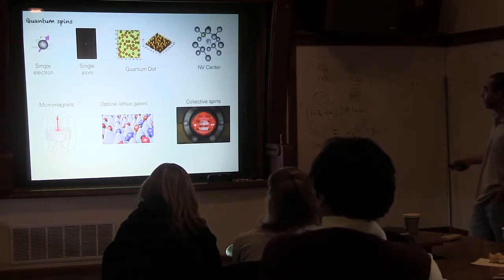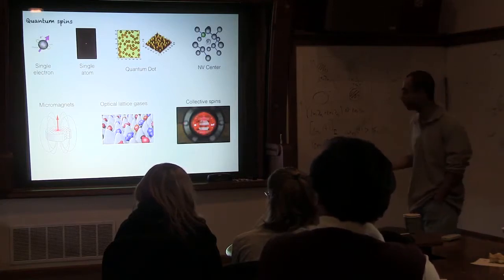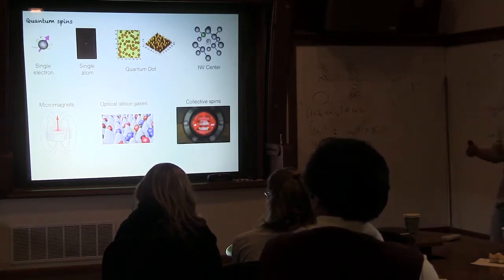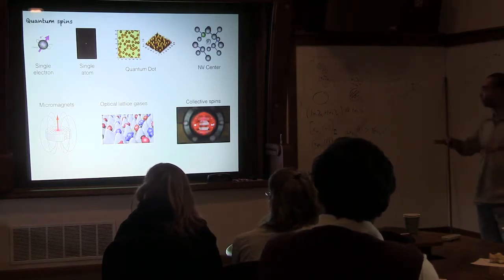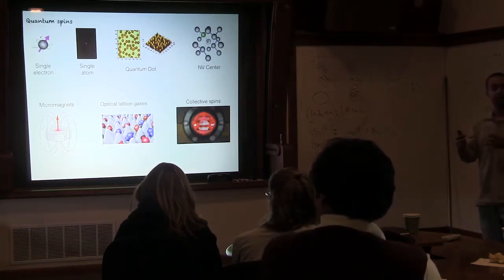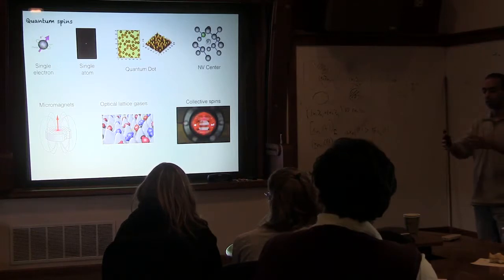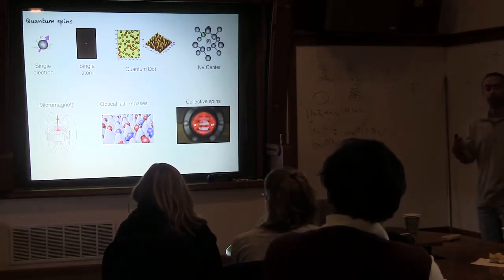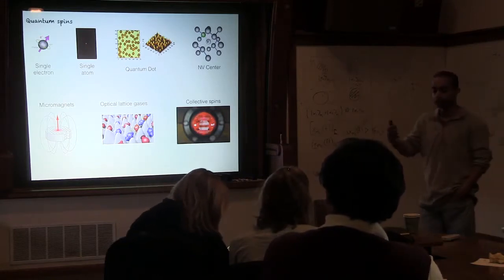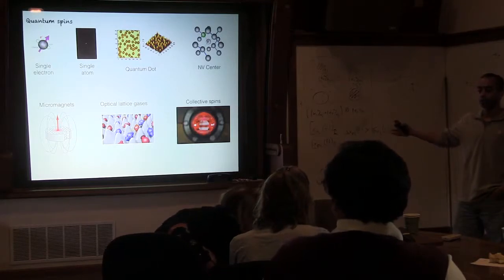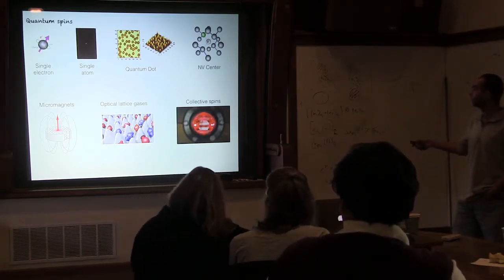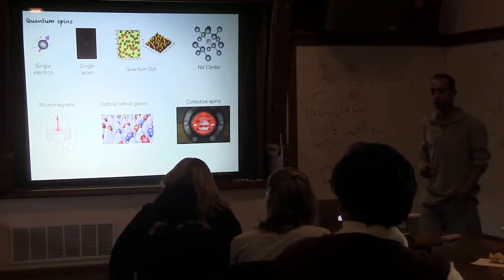And I'm going to be talking a lot about ultra-cold atomic spins, which are either in the form of lattice gases, ultra-cold atoms confined in these periodic optical potentials, or indeed collective spins, which are not really confined in any kind of lattice shape, but still have a collective spin degree of freedom that we can address and manipulate, with the benefit that the collective spin has a square root of N enhancement with optical or phononic interactions, as opposed to these systems, which really are single spin systems.